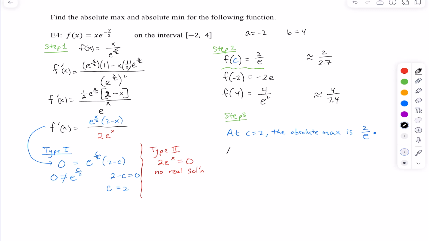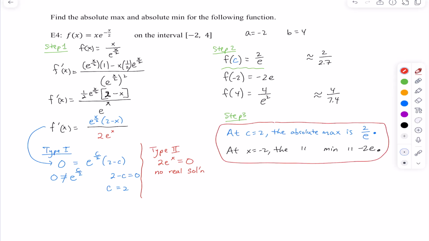We also want to say at x equals -2, the absolute min is the opposite of 2 times e. And so there we go. We were able to find the absolute min and the absolute max for a continuous function on a closed interval.